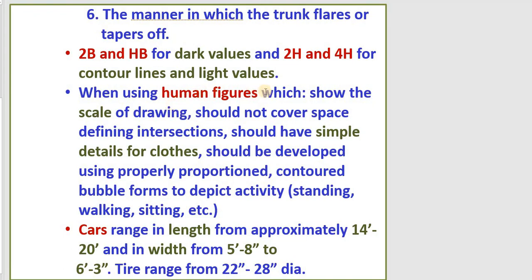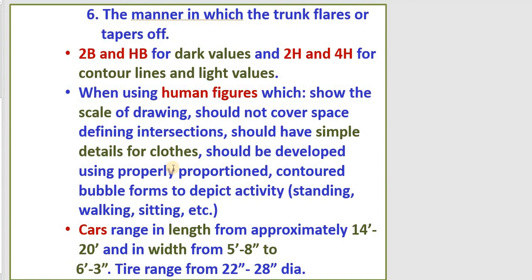When you use a human figure, show the scale from the drawing; it should not cover the space. Define the intersection and keep simple detail for clothes. Everything when you sketch, you do so fast, so do not do so much detail for the things that just support your projects. For example, people, cars, trees, everything like that, just supports your main drawing.